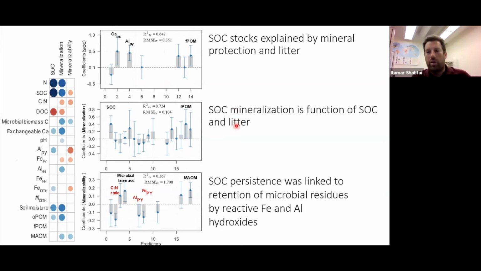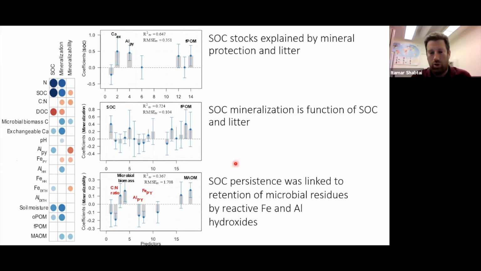Soil organic carbon mineralization is basically a function of carbon and litter, which is what we usually expect. And soil organic carbon persistence was linked to a combination of microbial residues, here portrayed as the carbon to nitrogen ratio, and protection by reactive iron and aluminum phases, here the aluminum pyrophosphate and iron pyrophosphate.